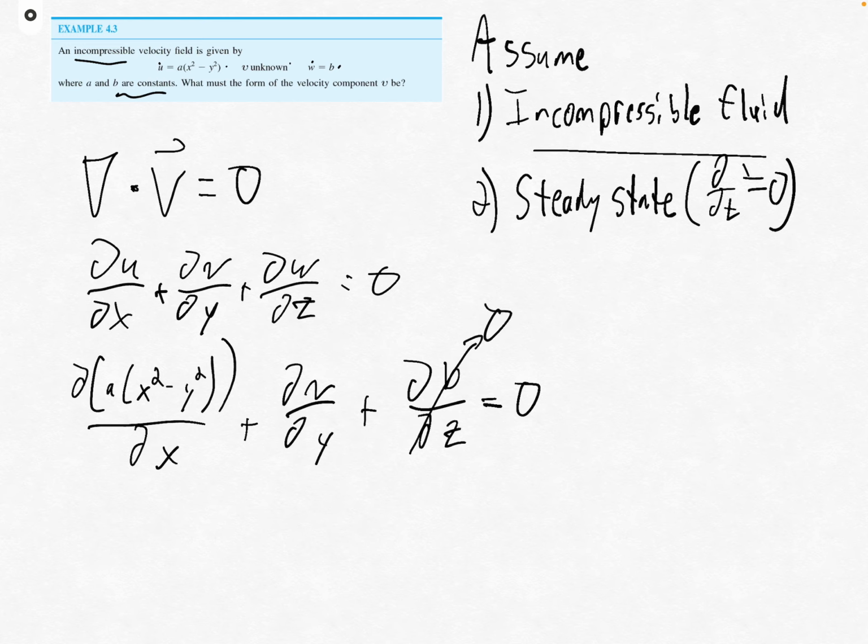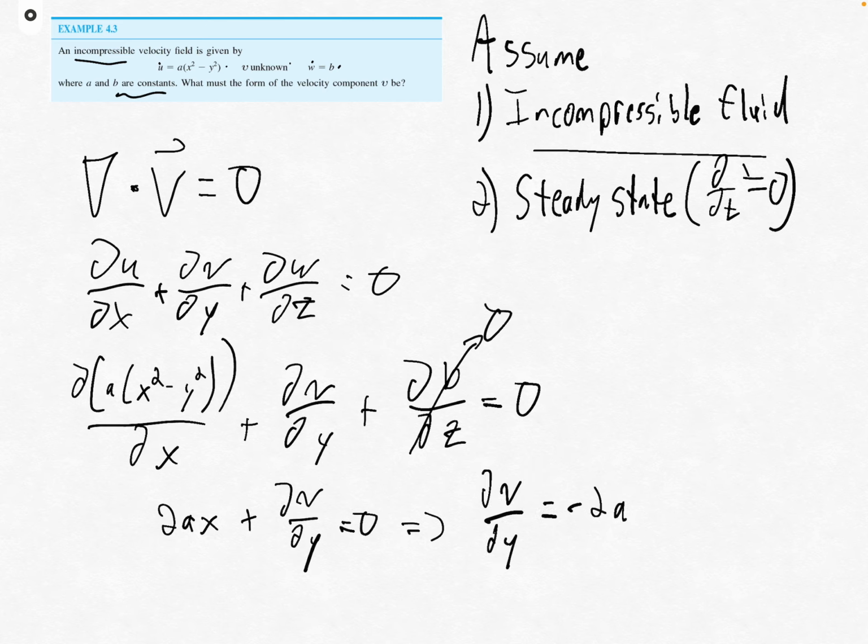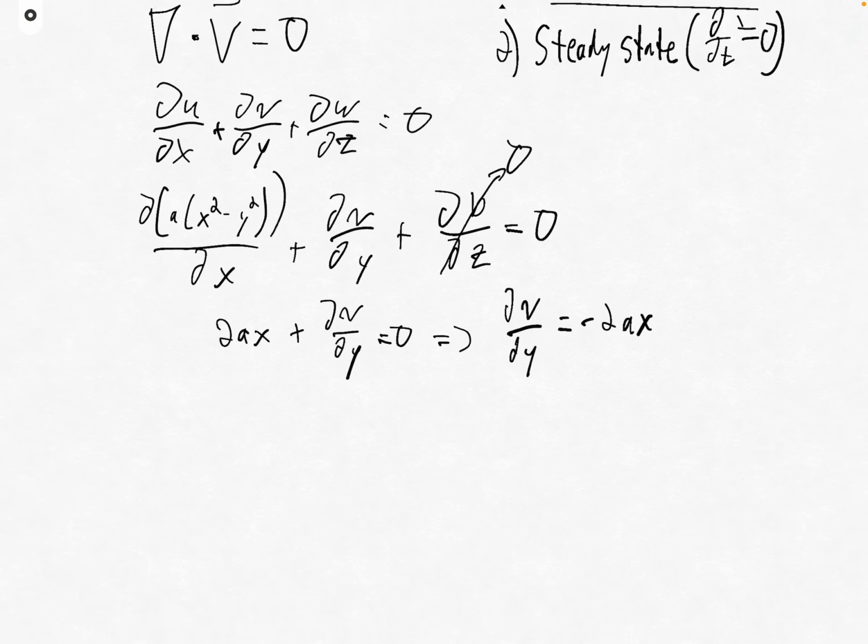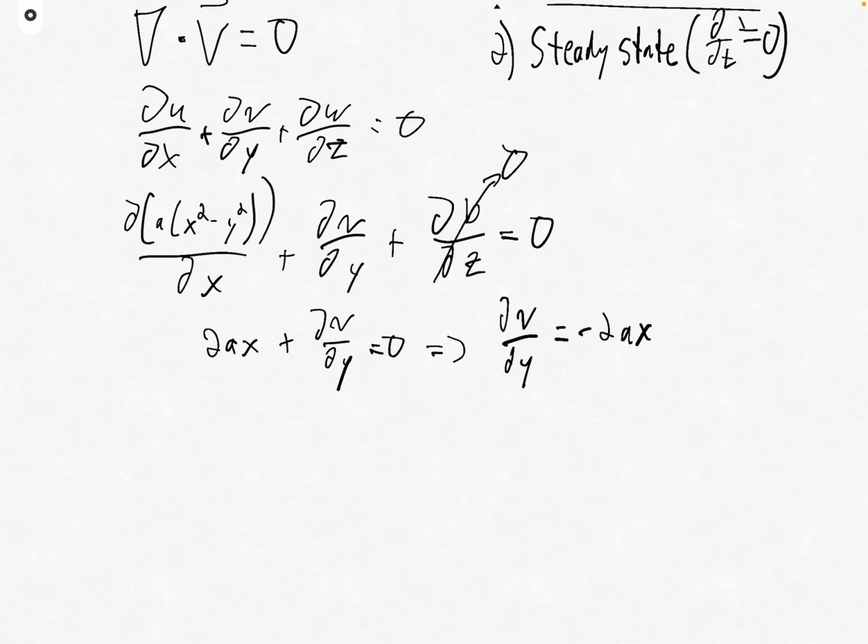And this term here is just going to resolve to 2 times a x plus dv dy is equal to 0. So we can rewrite this as dv dy is equal to minus 2ax. And now simply to find the form of v, what we're going to do is just integrate this.